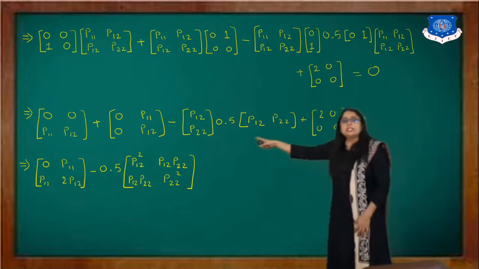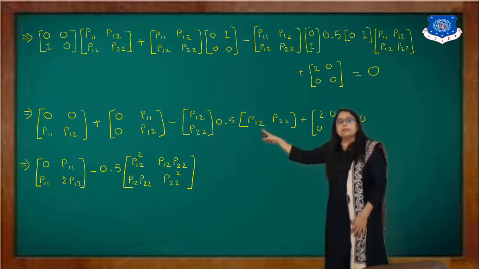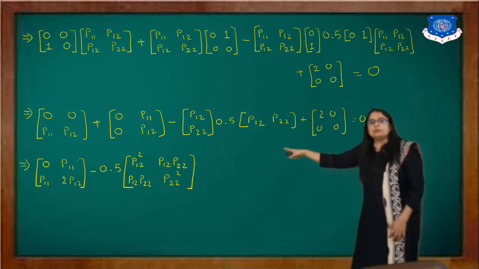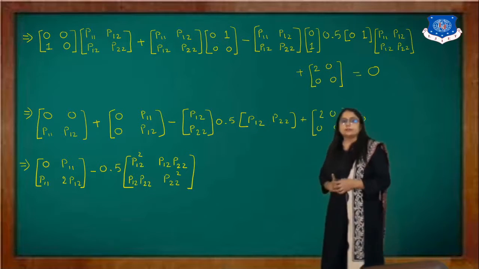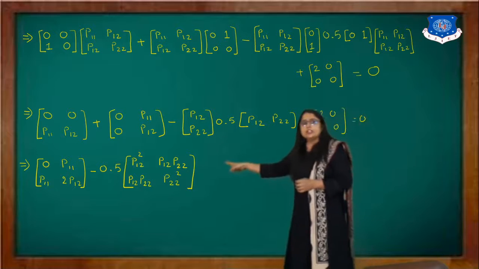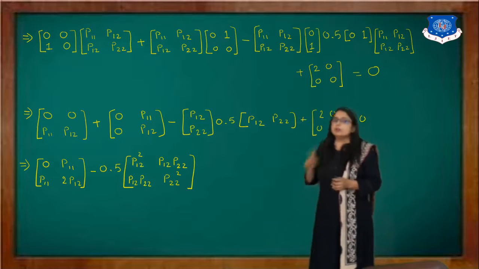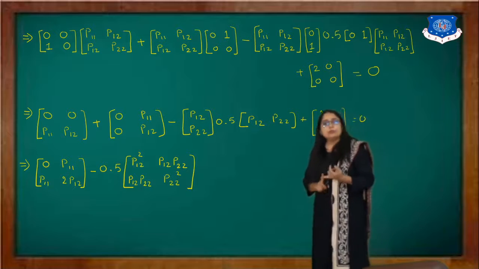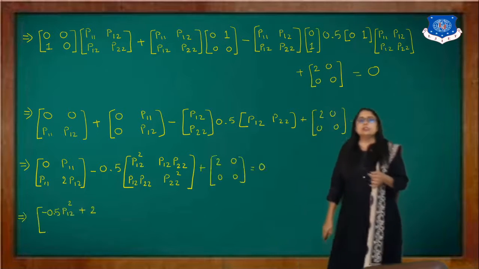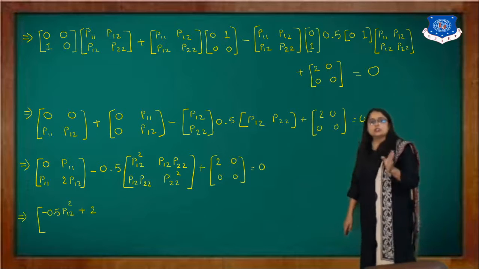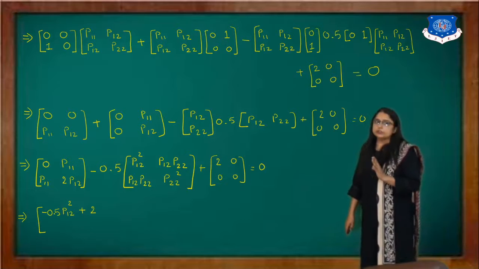We get P12 square, then P12 into P22, then P12 into P22, and P22 square. Here you always get the same value, because we know very well the value of P12 and P22 is the same, plus your Q matrix, which is as it is, 2, 0, 0, 0, equal to 0.